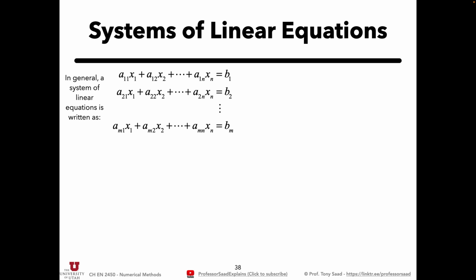And then a second equation, A21, that's equation 2, first coefficient, and then A22, the second coefficient in the second equation, and so on, a bunch of equations that have a pattern in them, Aij, some coefficient times an unknown equal a right-hand side.